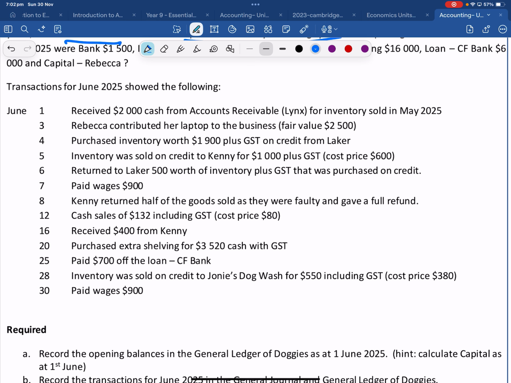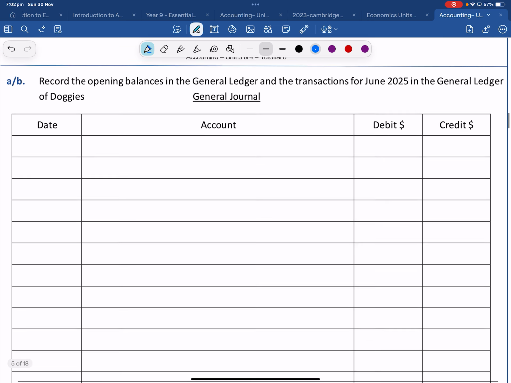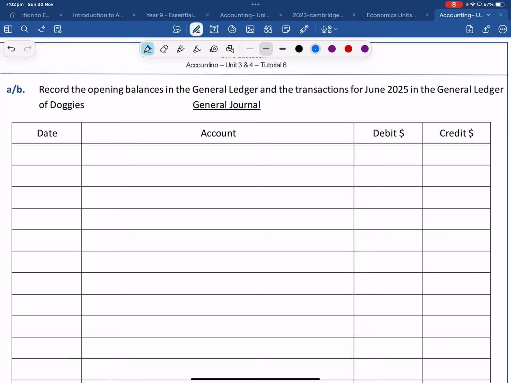Bank and accounts receivable. Very good. So then June 1st. Bank debit 2,000. Credit accounts receivable. Now we are missing those middle two columns. You have to deal with that in your head.